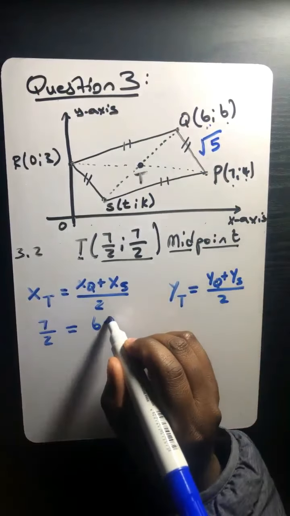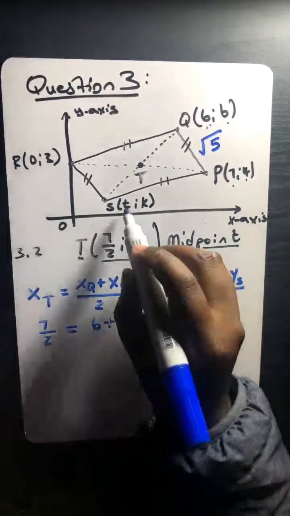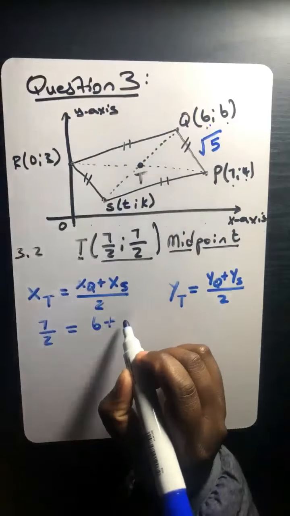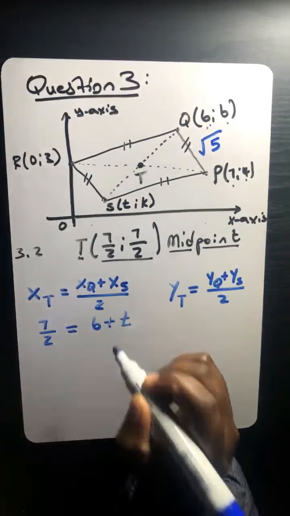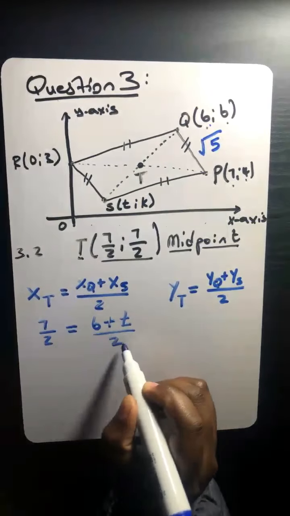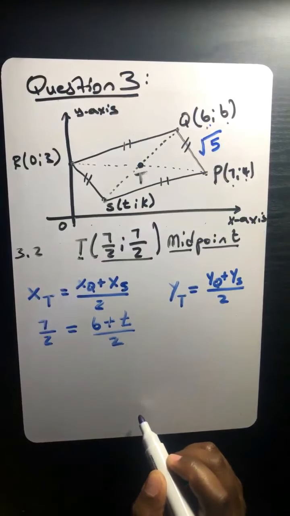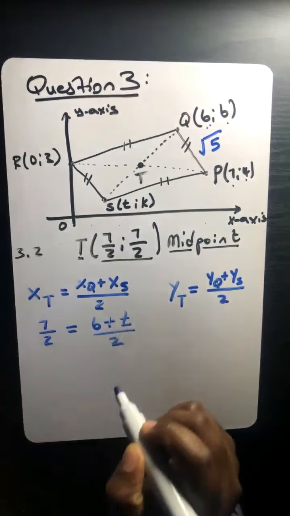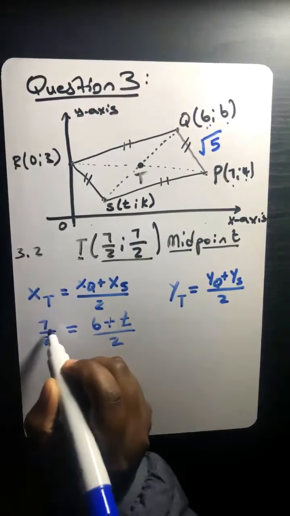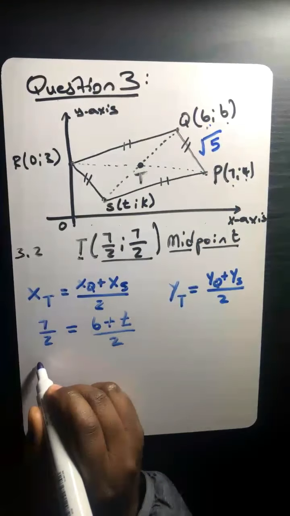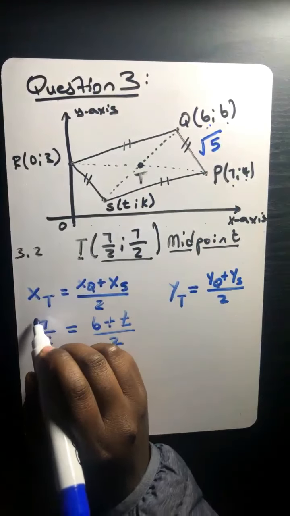And something interesting, we are actually calculating the coordinates of X. So they say the x value of X is t. Then let me write t over there, because that is what I'm calculating, divided by 2. So that 2, it has been there. Mathematically, you know very well that for you to solve for t, you can just cross multiply, then you transpose. So that means, remember, the whole of this is just one thing.